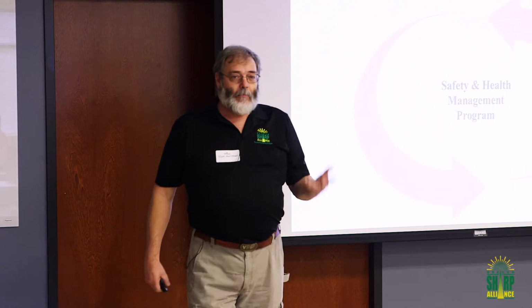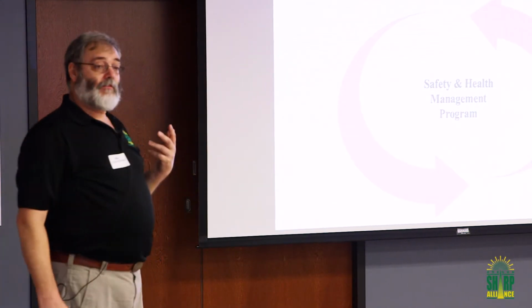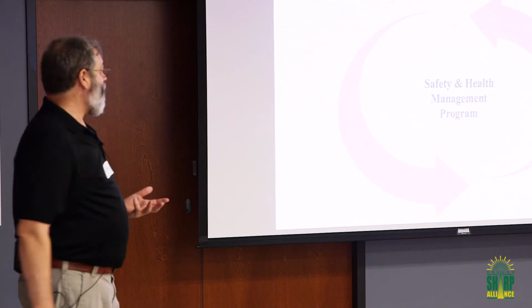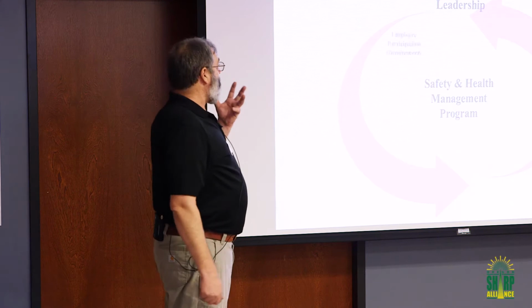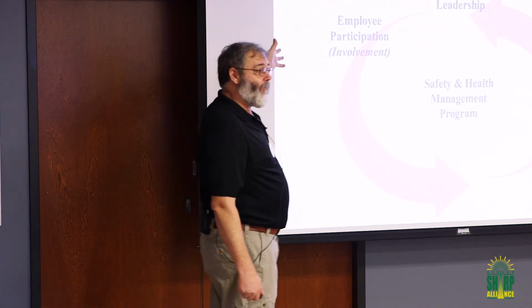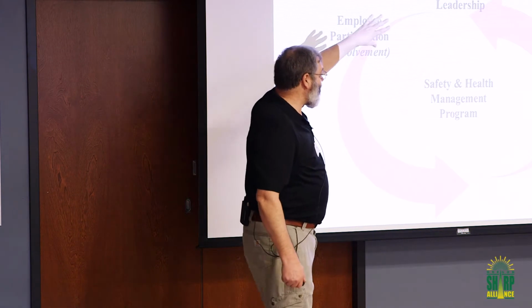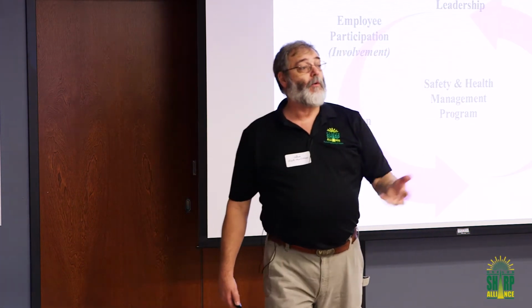So the SHARP process was really built on the same concepts, okay? It starts off with a system of management leadership, okay? Management leadership by itself won't get us there. We gotta have our people involved, okay? Meaningfully and actively, and together we plan the work, evaluate the work, make sure we're doing what we need to do.